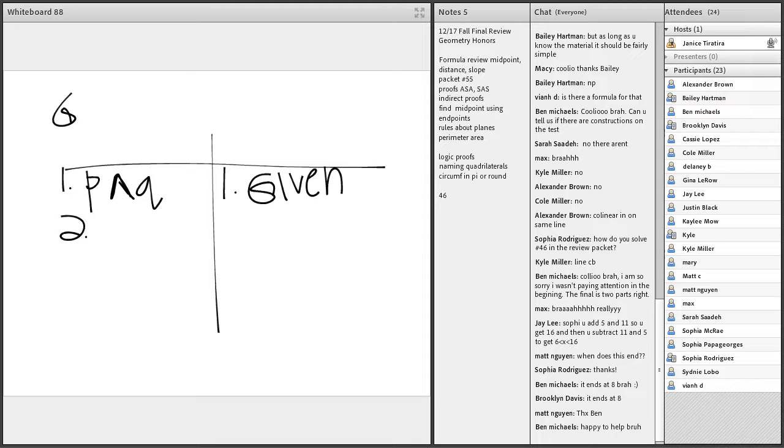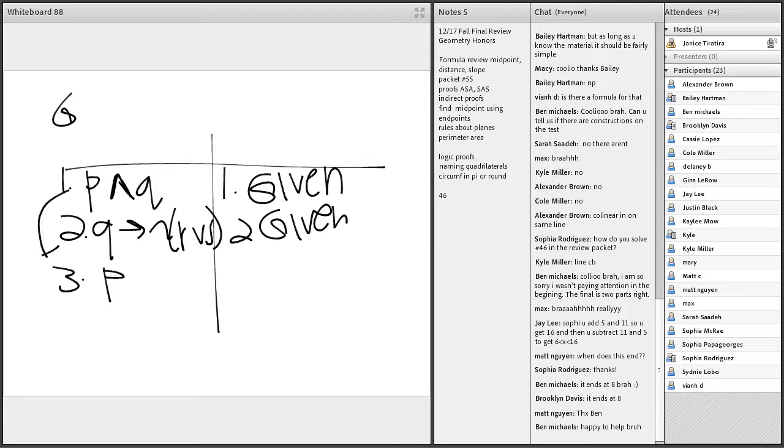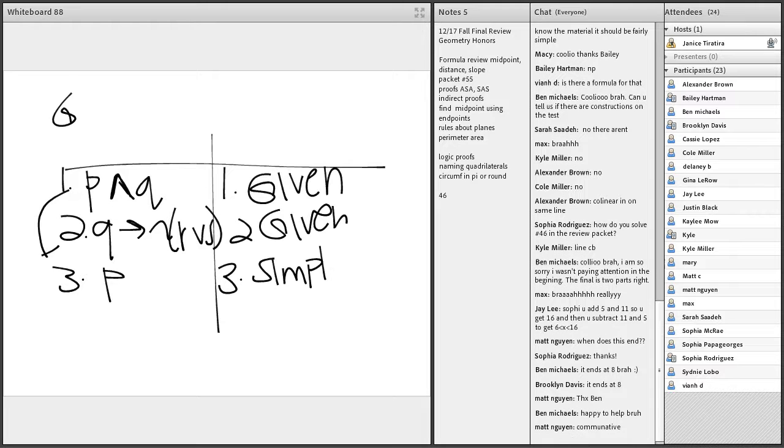However, there's one more given, and I don't think I want to use P. I don't think P is useful. If I did P, that's simplification, yes, that's true, but that's not helpful for number 2. There's no P in there. So I don't want to use P right away.